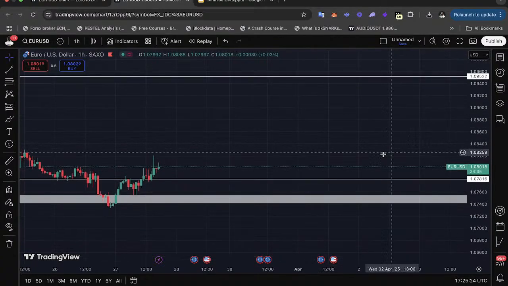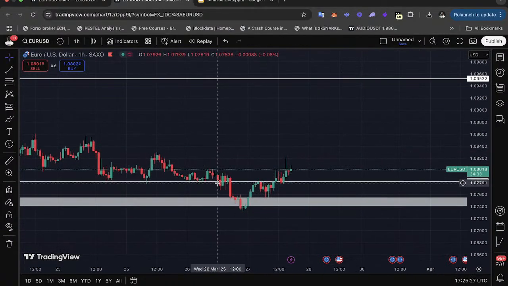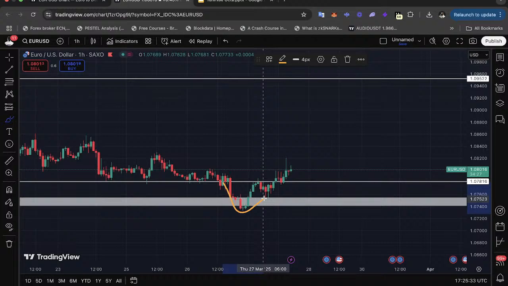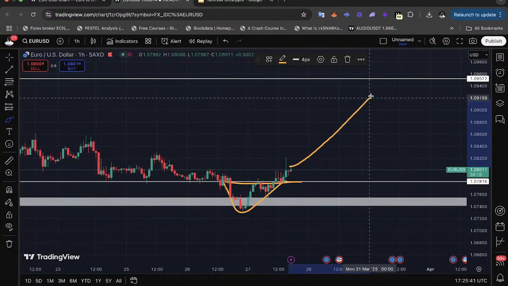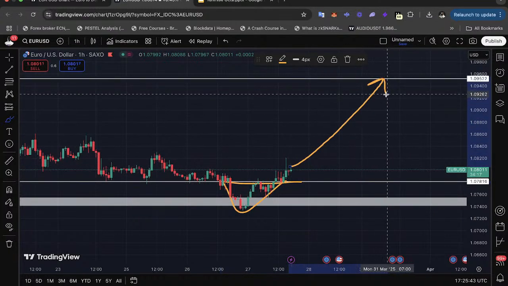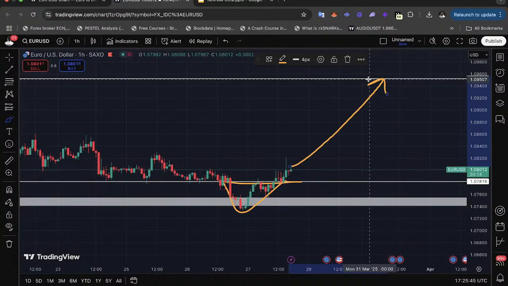But when we look closely now, we can see how price consolidated from this level to this level, okay, and finally broke out. And off it goes. So this would be our target level.